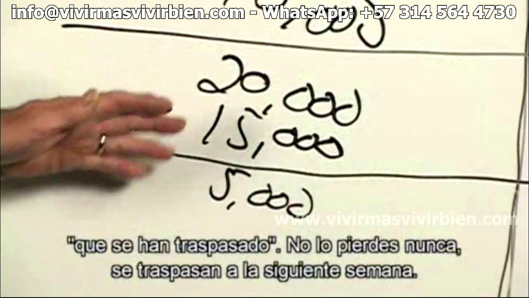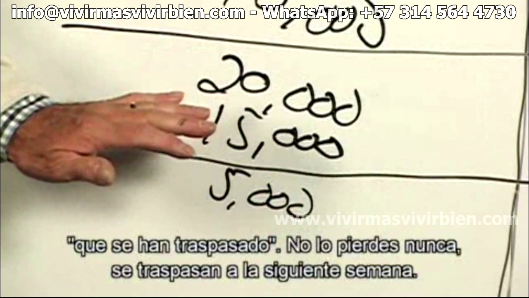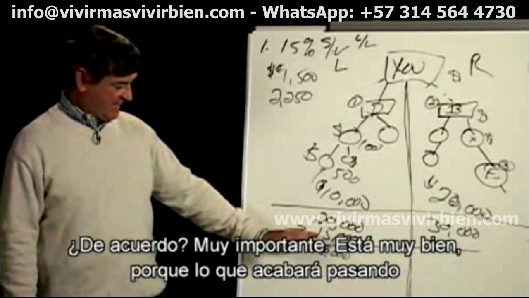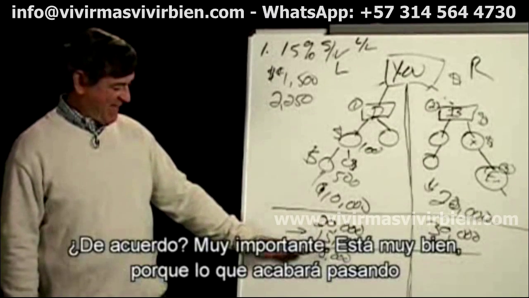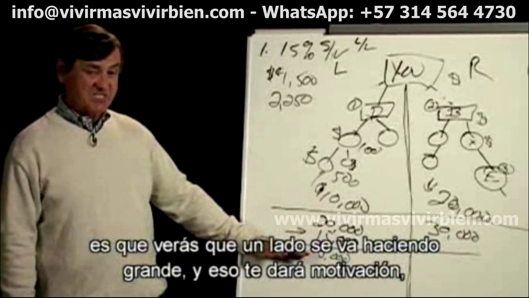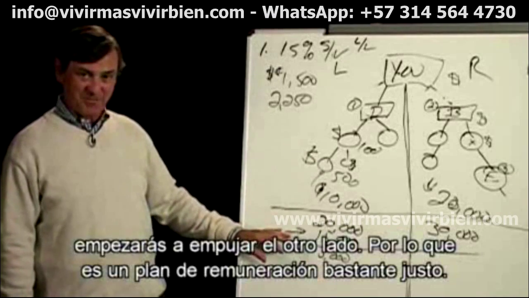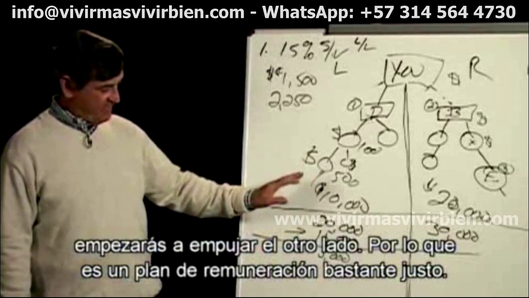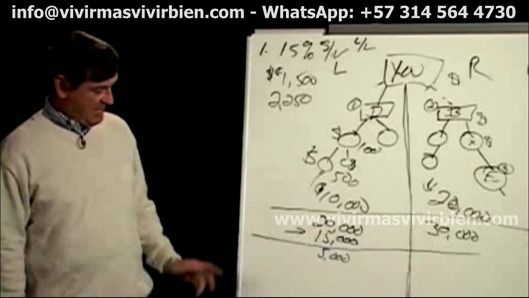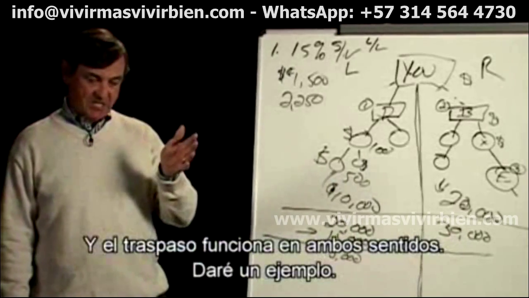You never lose it. It just carries over. All right, very important. And it's kind of fun because what will end up happening is you might see one leg get bigger and bigger and bigger, and that's a motivator. You start chasing from the other side. So it's a very fair compensation plan. But it goes both ways, this carryover.